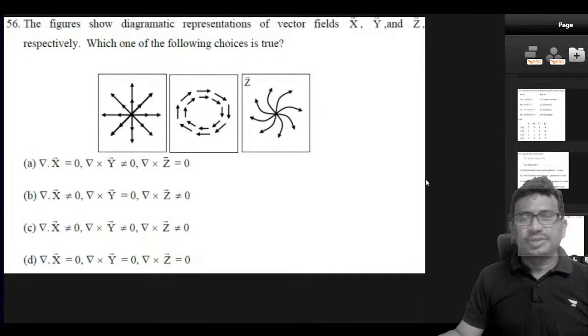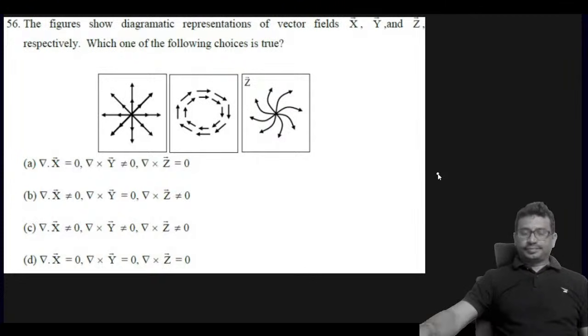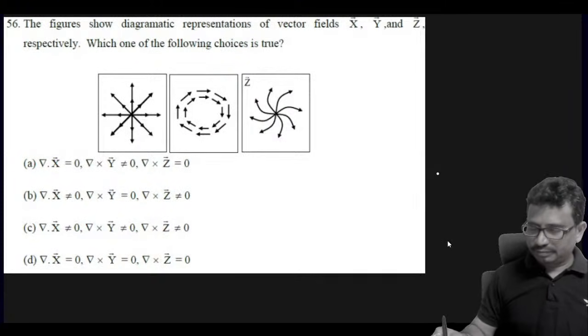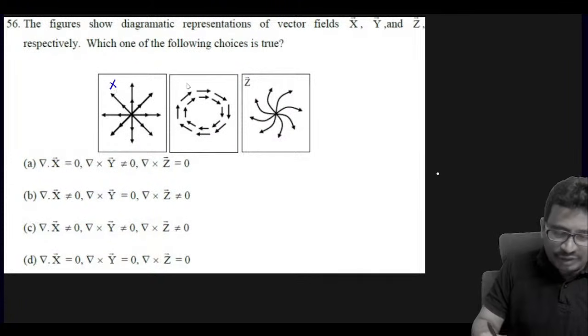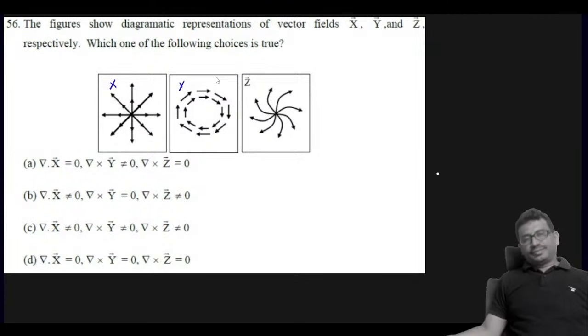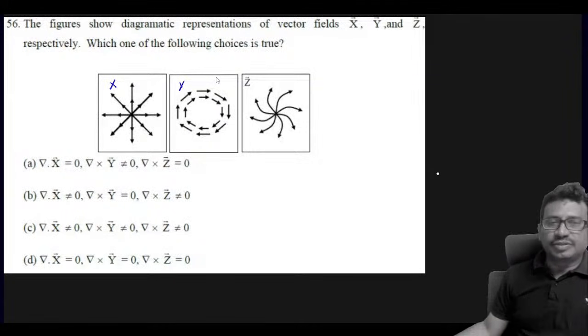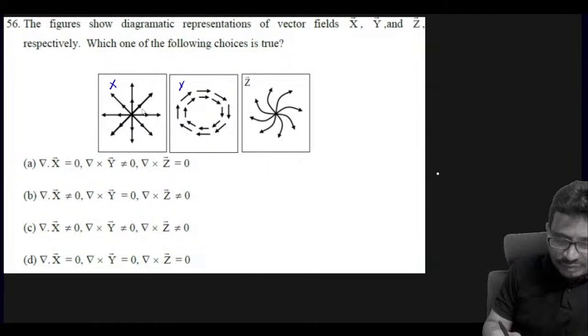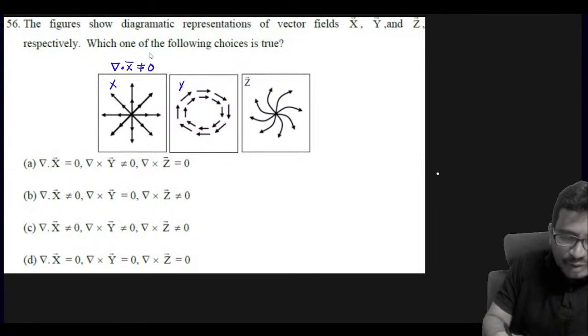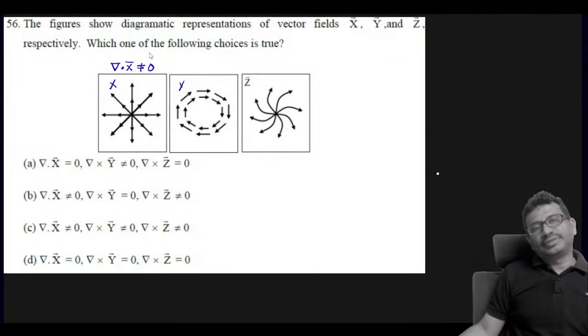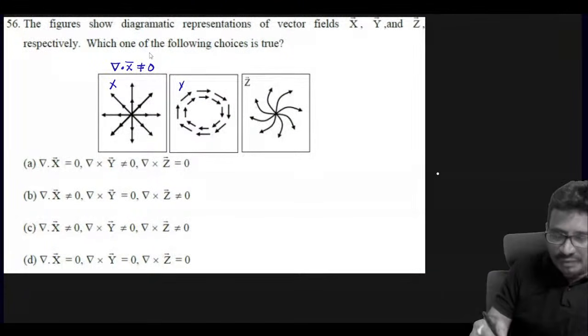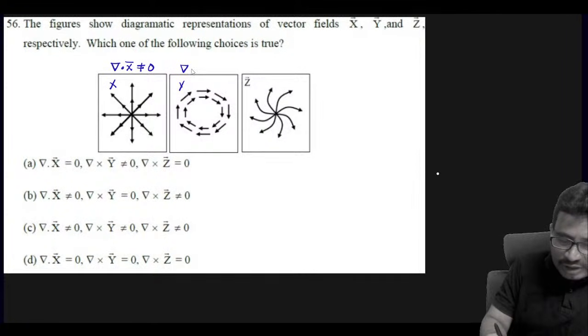Now try to answer this. Here they have given x, this is y, this is z. So you tell me, in the first figure, is the divergence zero or non-zero? In the first figure, this is del dot of x, which is non-zero. Why? Because it is diverging only. Next, in this case, curl is non-zero.